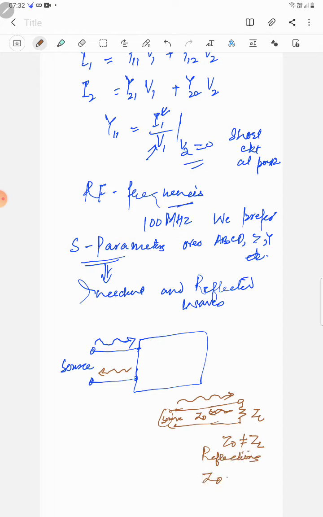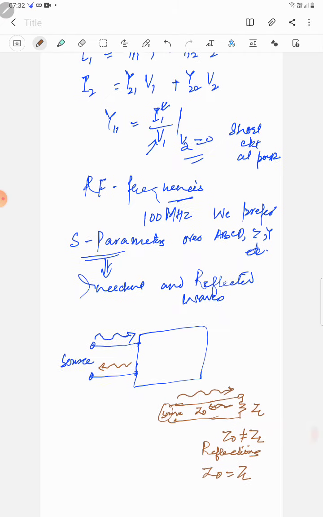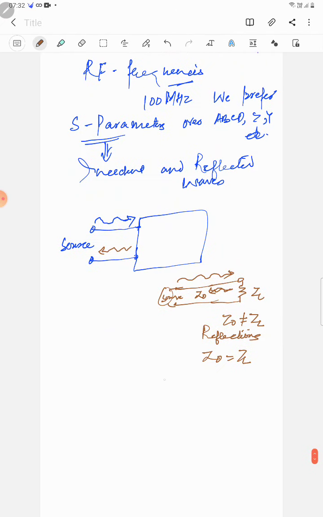Otherwise, if Z0 is equal to ZL, the transmission line characteristic impedance is equal to the load impedance. This is the load impedance, this is the characteristic impedance. If Z0 is equal to ZL, then the whole wave, the total energy, gets absorbed in the load. There are no reflections, no reflected wave in this case.